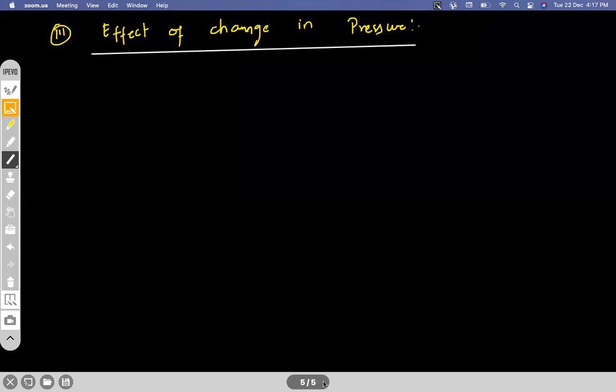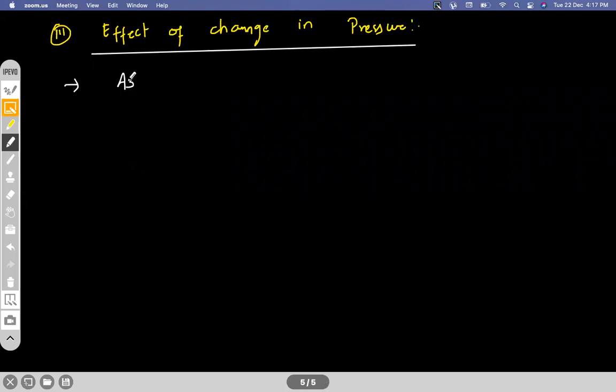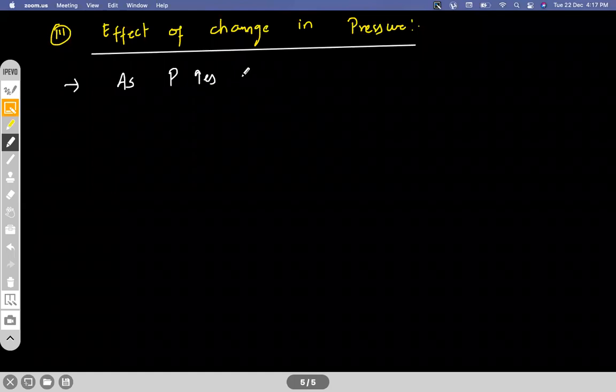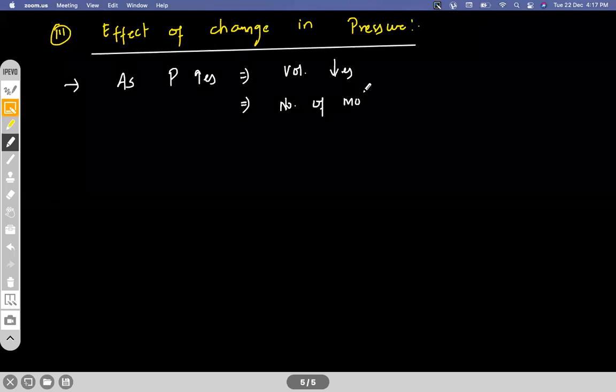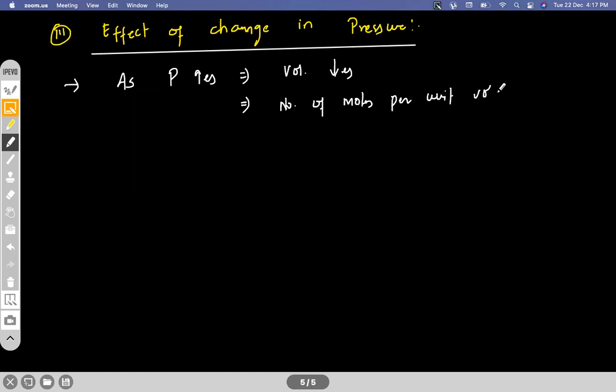Usually what happens, you see, as pressure increases, then volume decreases because it will try to minimize the change in effect, right? So pressure increases, volume will decrease. Volume will decrease means the number of moles per unit volume increases because volume is decreasing.